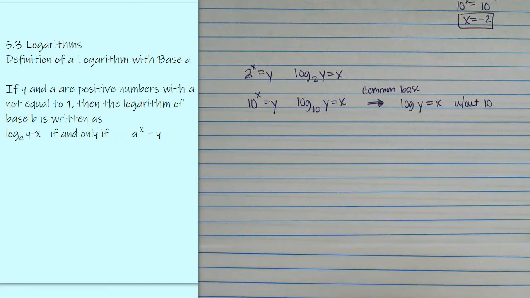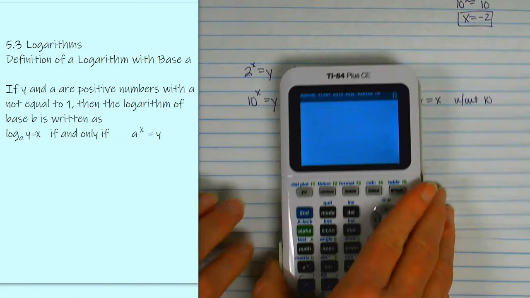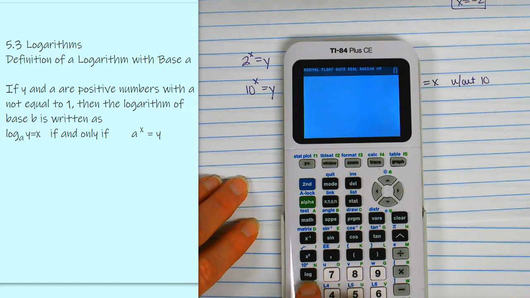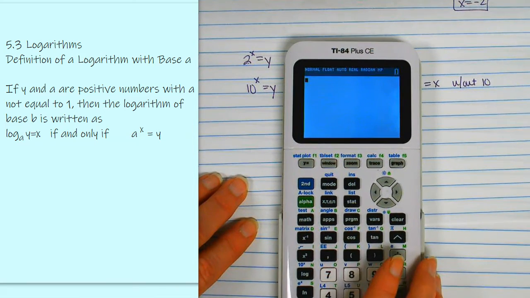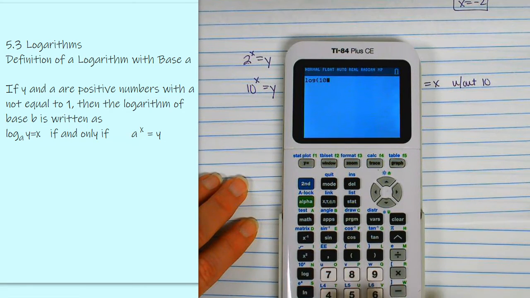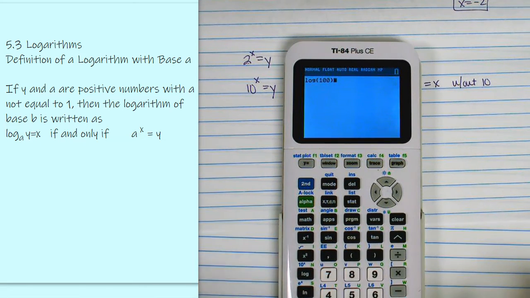So let's see what I mean on the calculator. Here's a calculator. Here's the log button, at the bottom. So this just says log. And notice above it, it says 10 to the x. So that's the inverse function on top. So log base 10. If we type log of 100, it means what exponent makes 10 into 100?